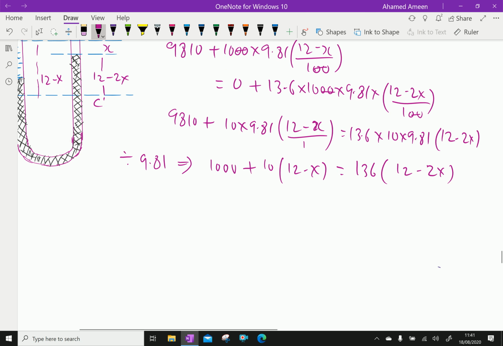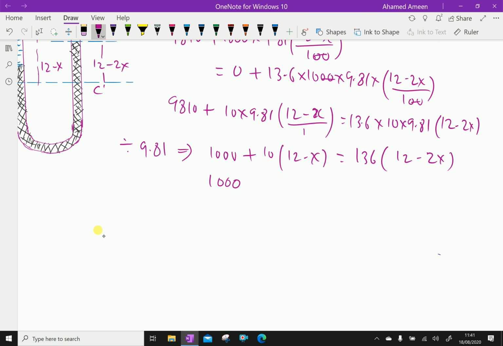Which is further 1000 plus 120 minus 10x. Here 136 into 12 equals 1632, 1632 minus 272x, because 136 into 2 is 272x.